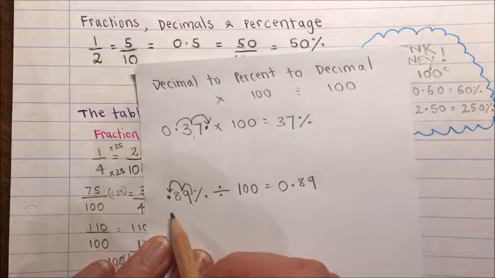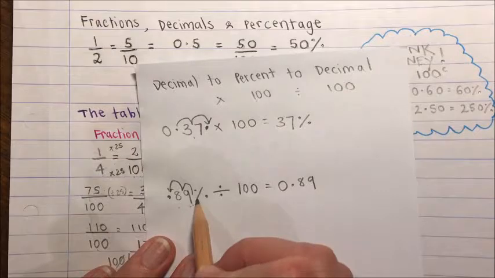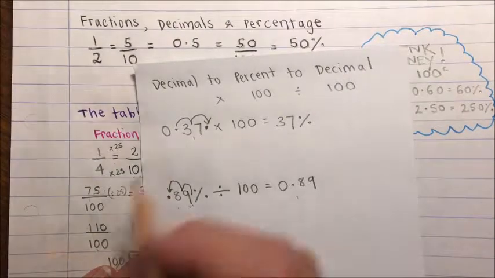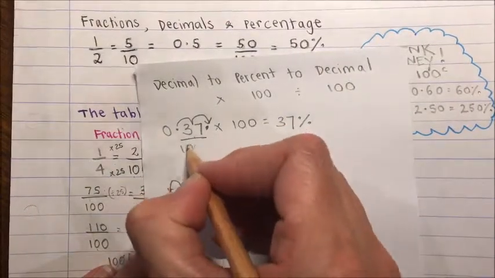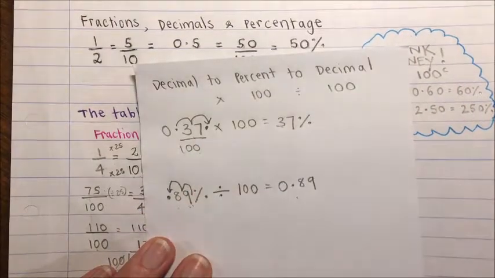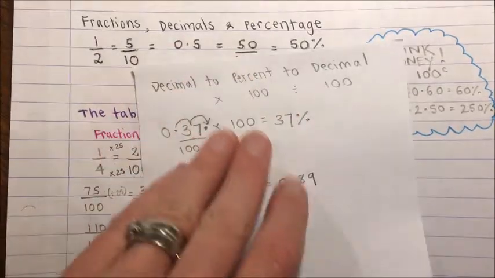If 100% is a whole, then 89% needs to be less than a whole. That's less than 1 whole. Brilliant. Excellent. That is 37 over 100, 37 hundredths, 37%. Yep, logically that makes sense.